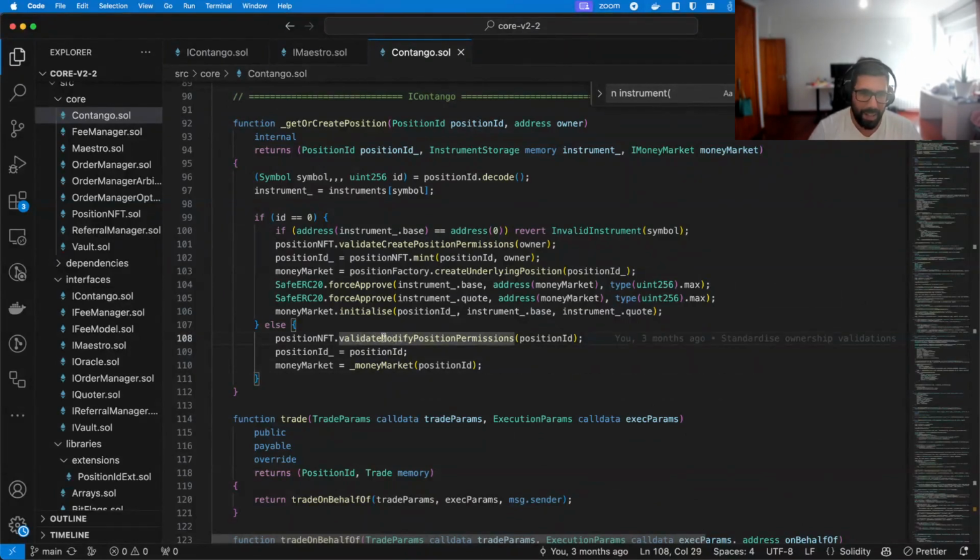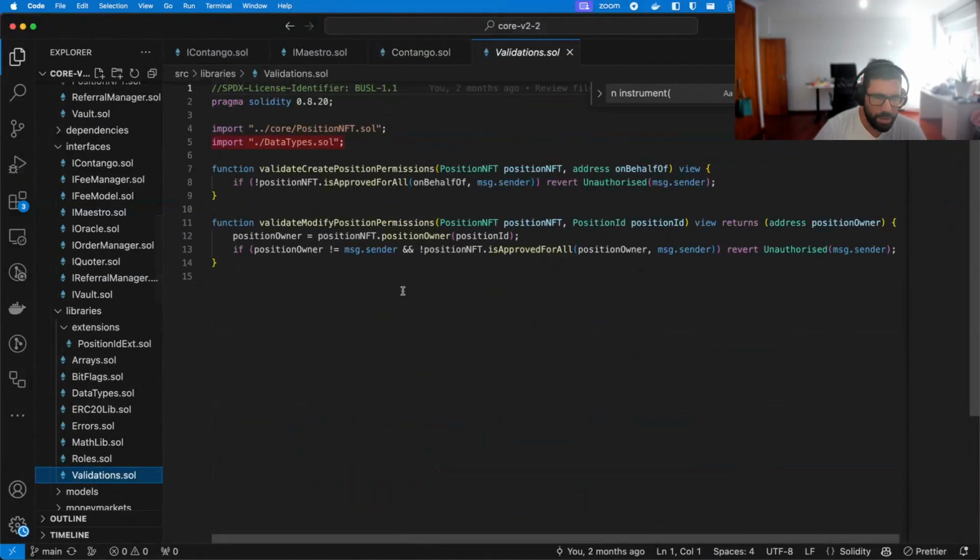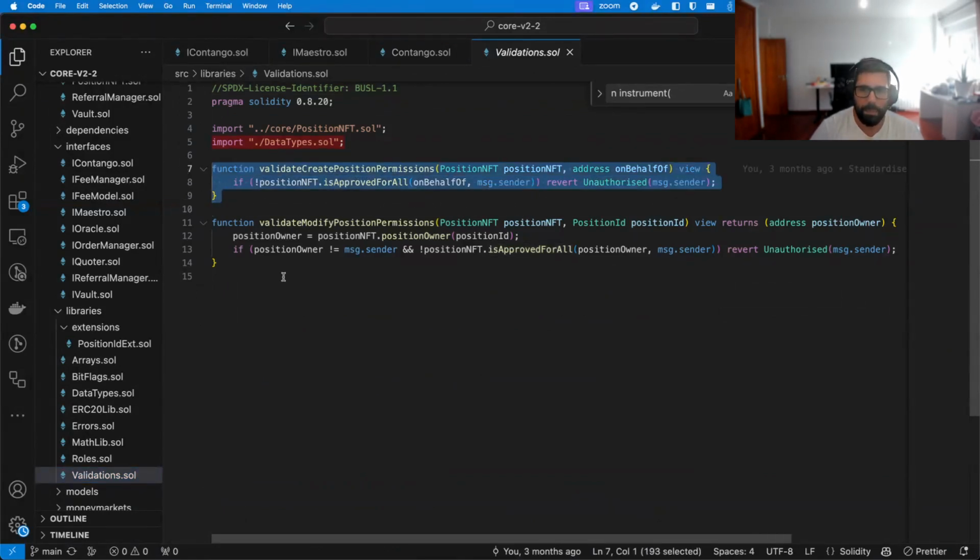This thing here, we use not heavily, but whenever possible, this feature of Solidity of extension methods. It should be validations, I think. Yes. So these are freestanding functions, and they encapsulate how we interact with the NFT.